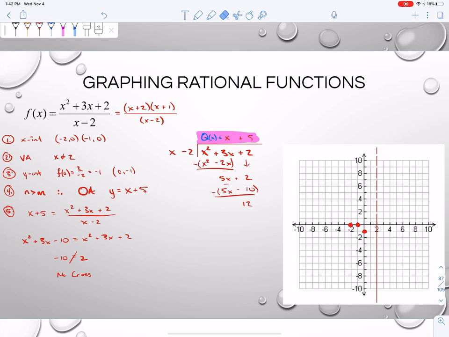We're going to go ahead, we're going to make it dashed. And I'm going to have an oblique asymptote at y equals x plus 5. So I'm going to have something right about like this. And again, I'm going to make this into a dashed line.